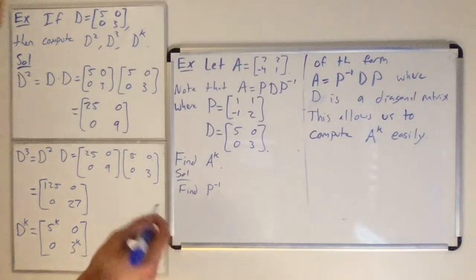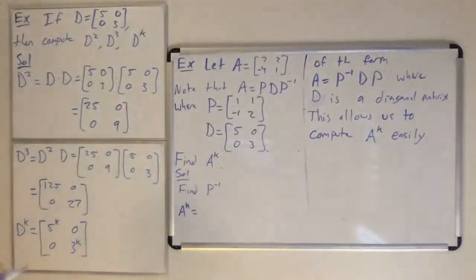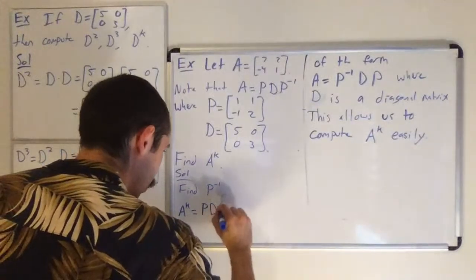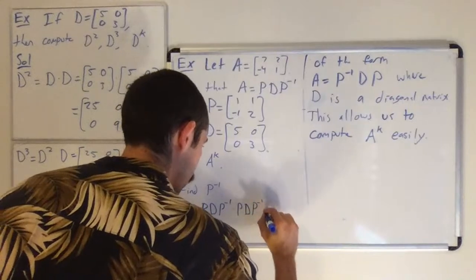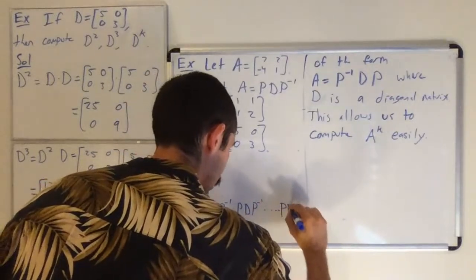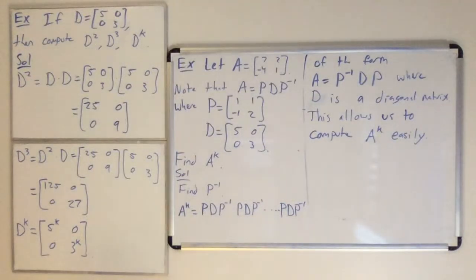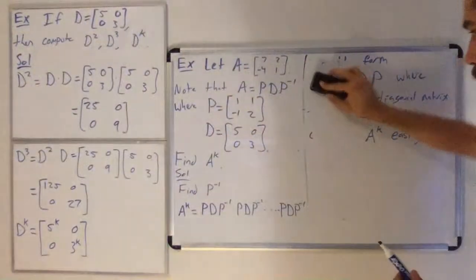And then just observe that A to the K would look like P D P inverse times P D P inverse times P D P inverse, K times.